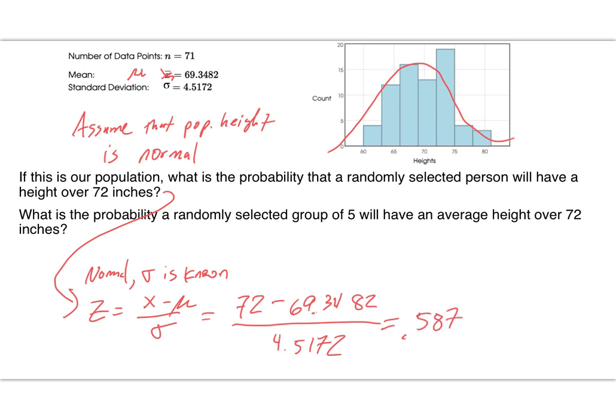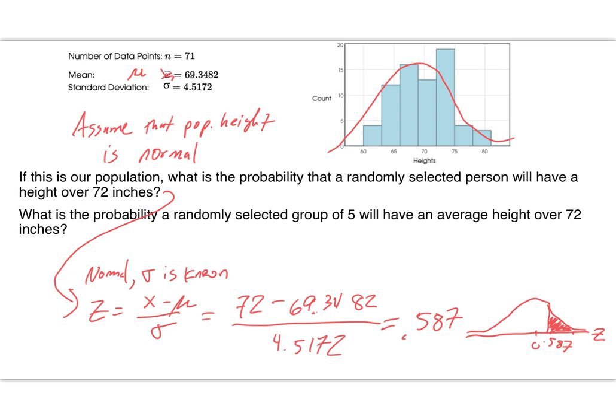0.587. And then on a normal curve, z centered at 0, 0.587 is somewhere right about here. And what's the probability that a randomly selected person is over 72 inches? So then I go to my applets that I have online, and I'm going to go down to the normal applet.